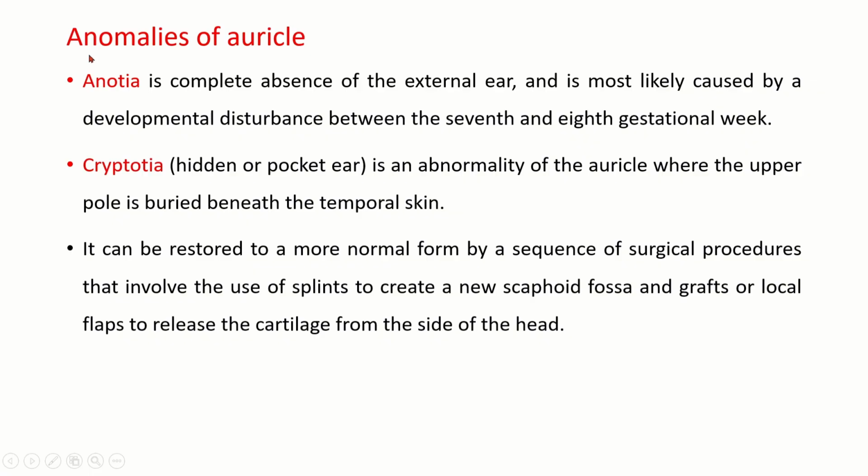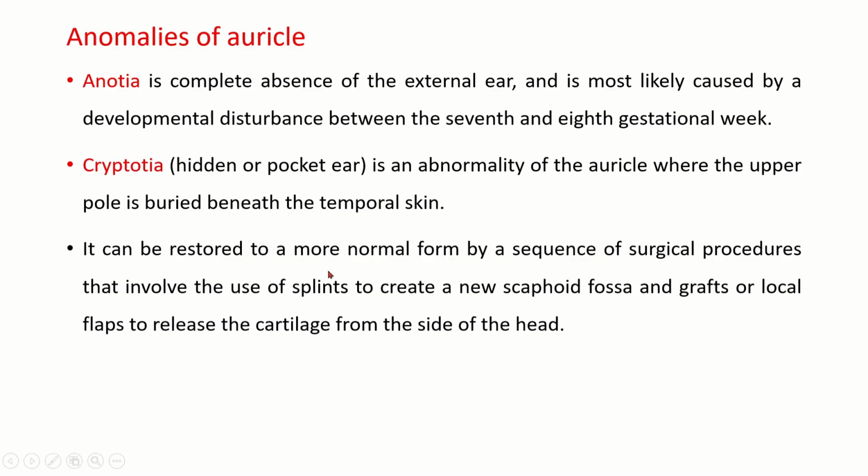Now the anomalies of the auricle. Anotia is complete absence of the external ear and is most likely caused by a developmental disturbance between the 7th and 8th gestational weeks. Cryptotia, hidden or pocket ear, is an abnormality of the auricle where the upper pole is buried beneath the temporal skin.